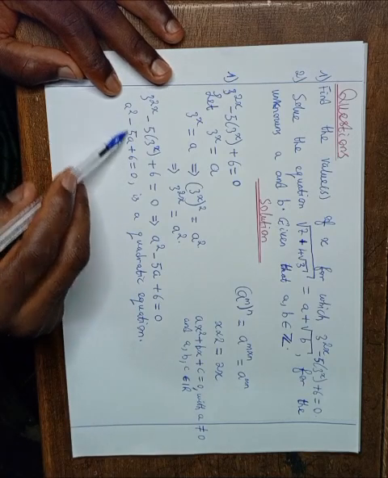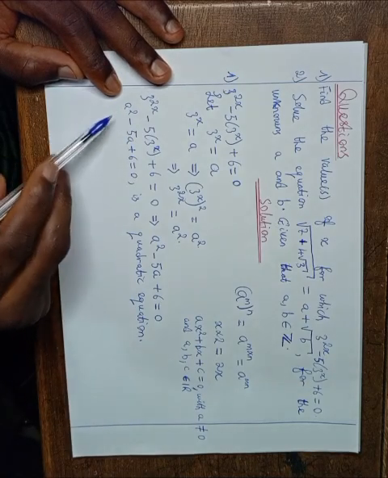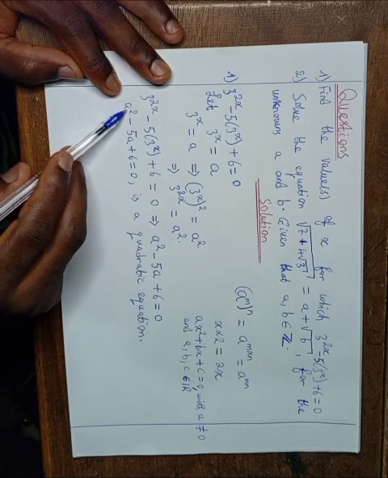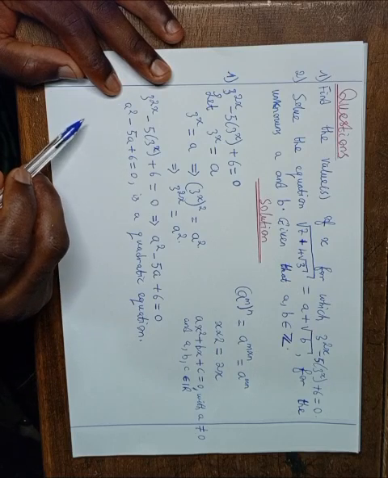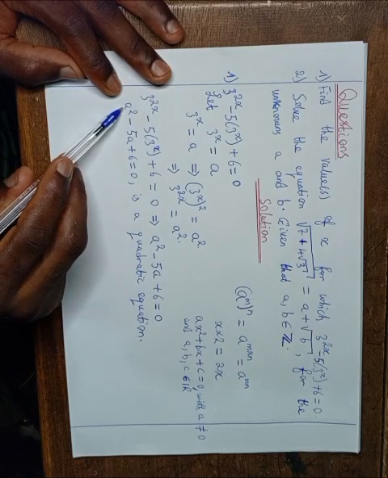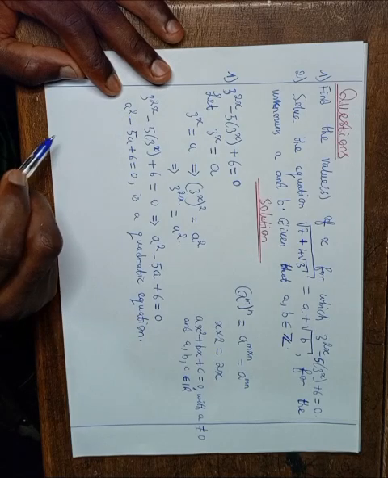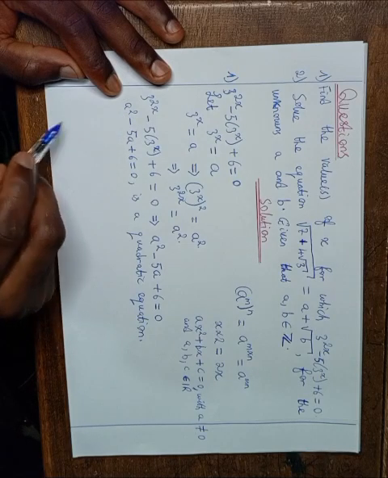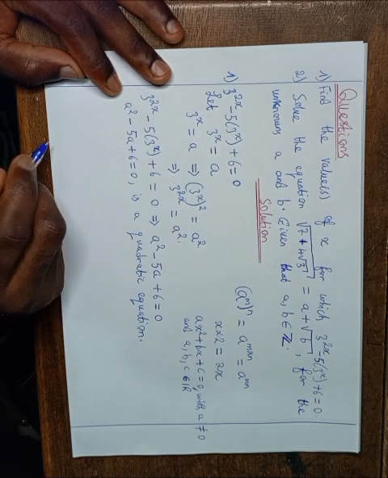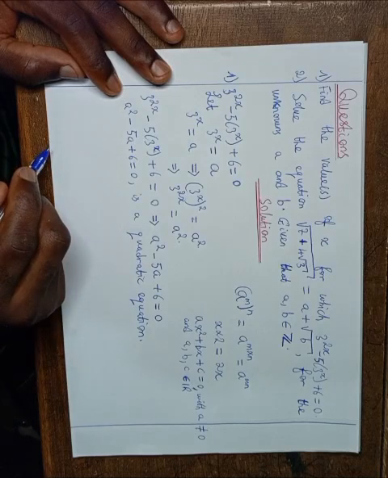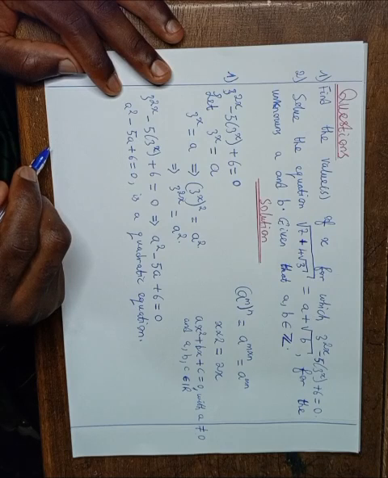So this is a quadratic equation. In this case, our variable is a, and the highest power of the variable a is 2. This quadratic equation can be solved by using the method of factorization.